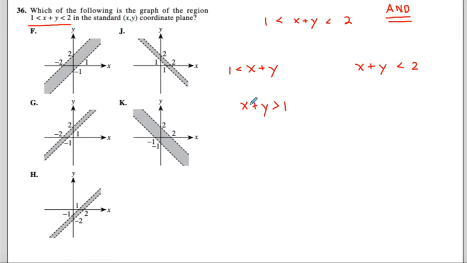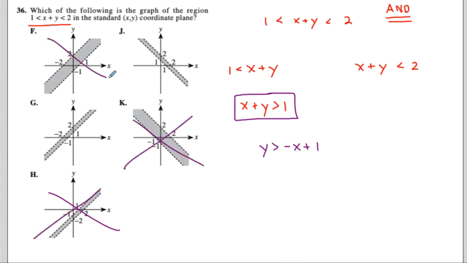Now, when you look at just this, it's actually a line. If I put it into y equals mx plus b, it's y is greater than negative x plus 1. So that's a y-intercept of 1 and a slope of negative 1. There's only two lines that I see that go through a y-intercept of 1, so it wouldn't be this one, this one, or this one.